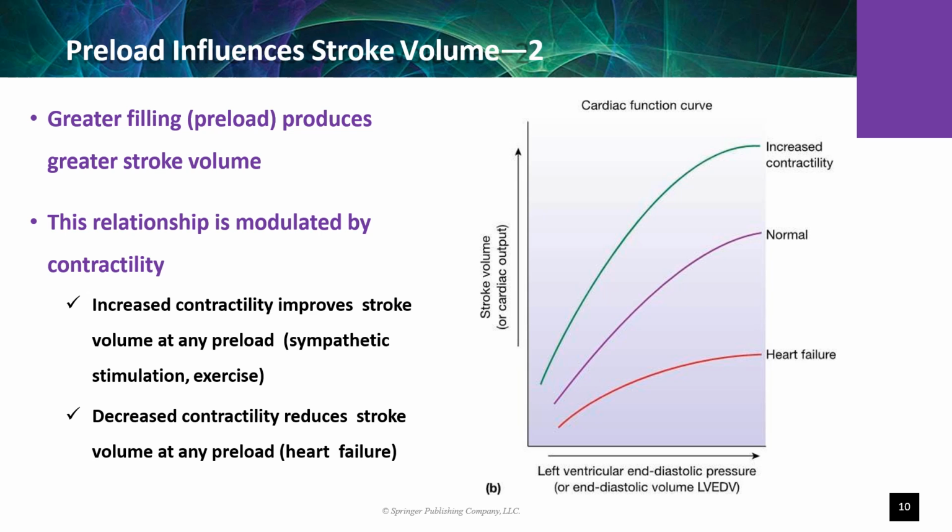Increased contractility that could result from sympathetic stimulation will shift the curve upward, increasing the stroke volume at each level of the end diastolic volume, or the green line. A weakened heart muscle associated with heart failure cannot achieve adequate stroke volume to sustain modest physical activity at any level of preload. This is the red line.